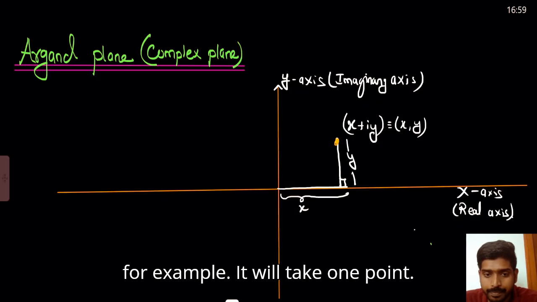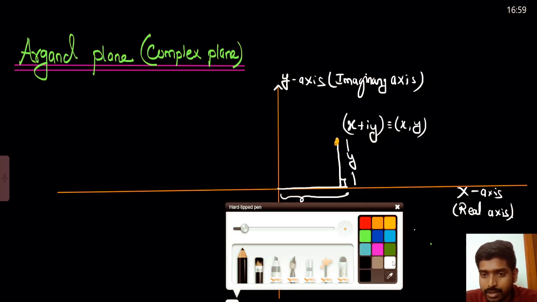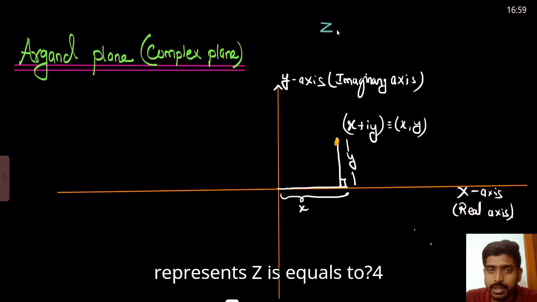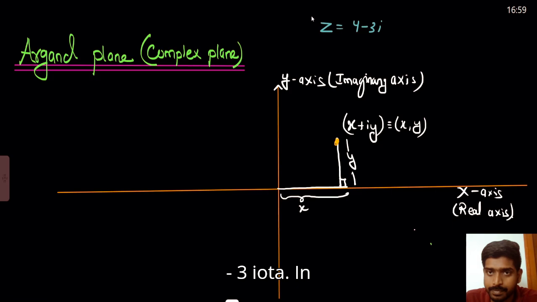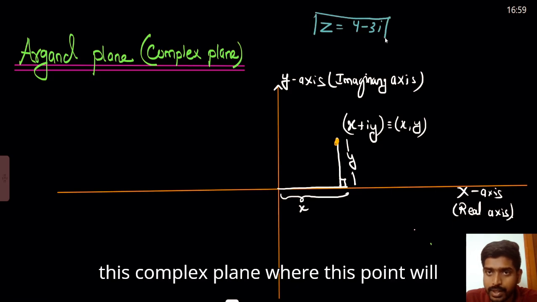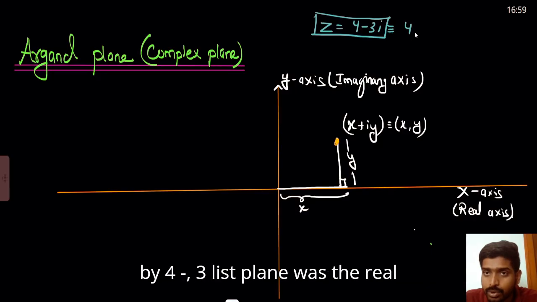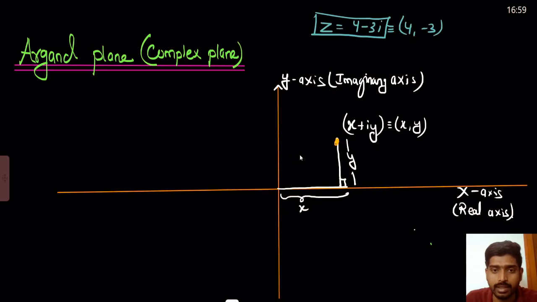Now for example, if I have to represent z equal to 4 minus 3 iota in this complex plane, where will this point lie? This point is represented by 4 comma minus 3 in this plane, because the real part is 4 and the imaginary part is minus 3.